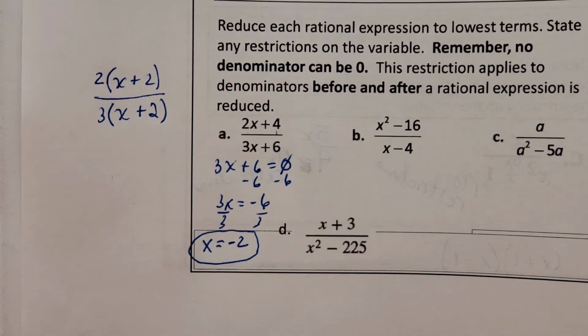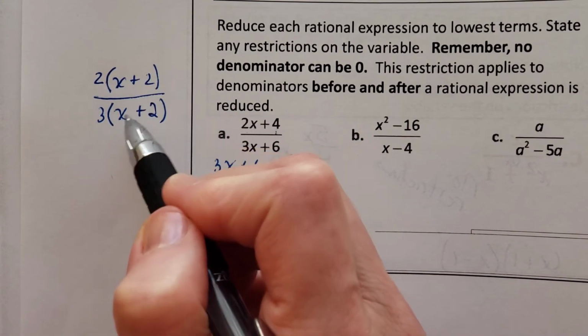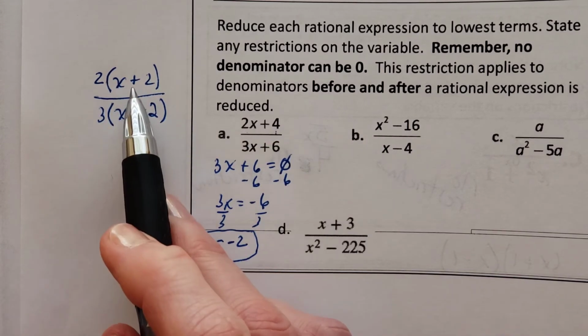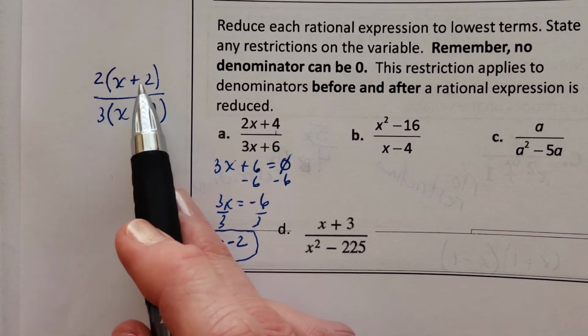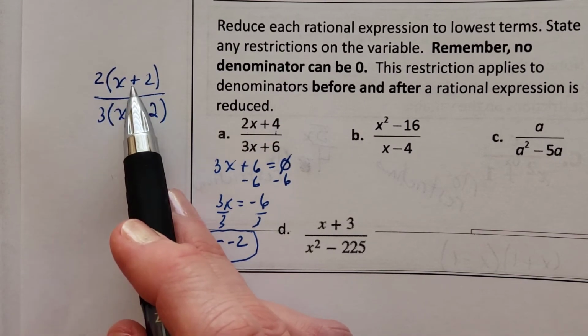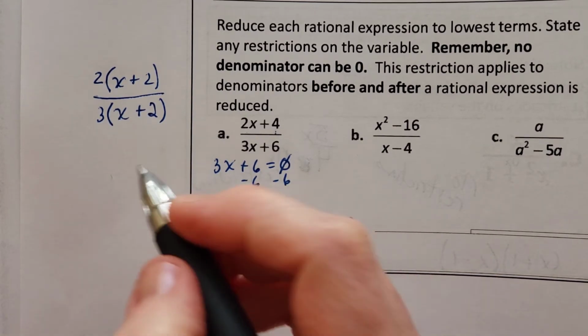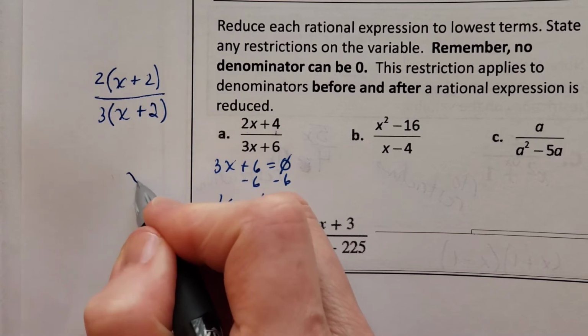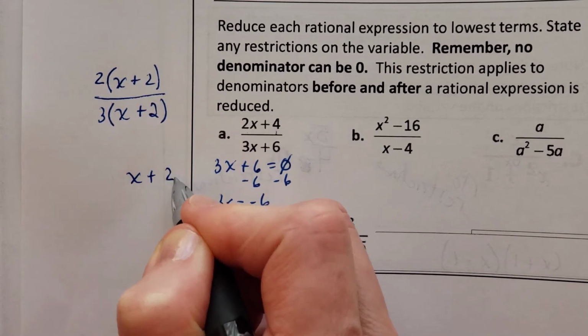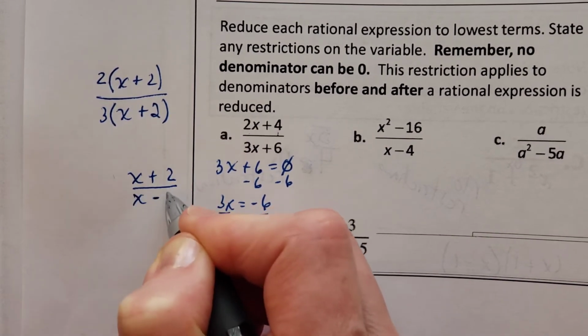All right, so now, is there anything that will cancel out on the top and bottom? Yes, x plus 2, x plus 2. Now, when there's a plus sign between two variables, that plus sign holds together that whole expression. Because let's pretend for a second the top said x plus 2 and the denominator said x minus 2.